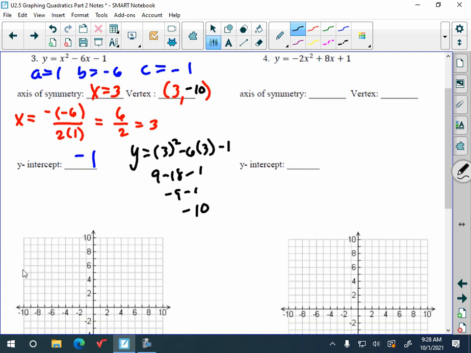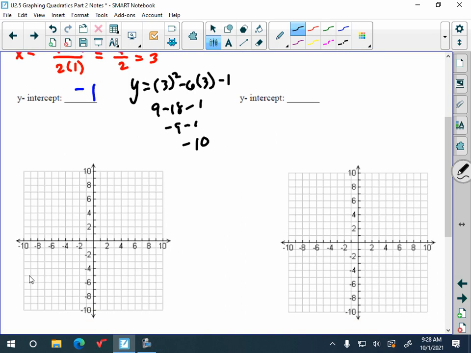All right, x equals 3. Vertex at (3, -10).